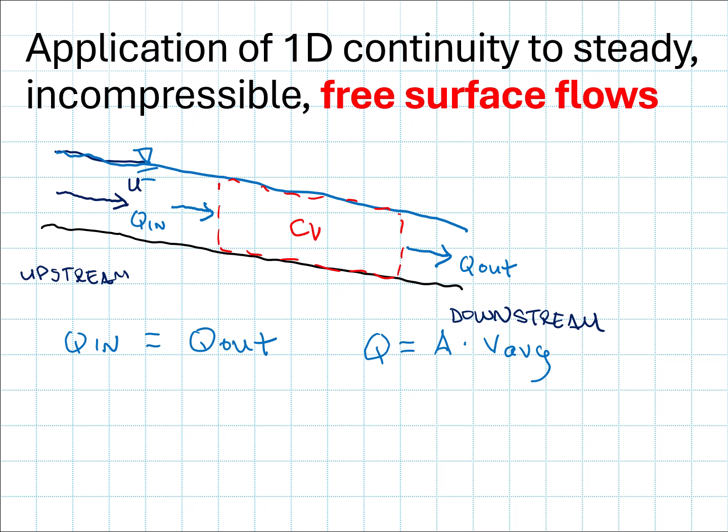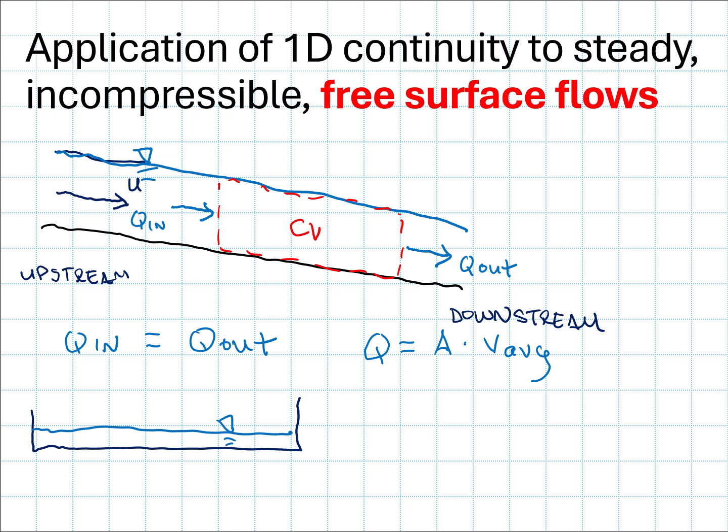So if I turn my control volume and I look at either end, either the upstream end or the downstream end, let's say that at the upstream end, my cross-section looks something like this. I've got a wide cross-section of my river.